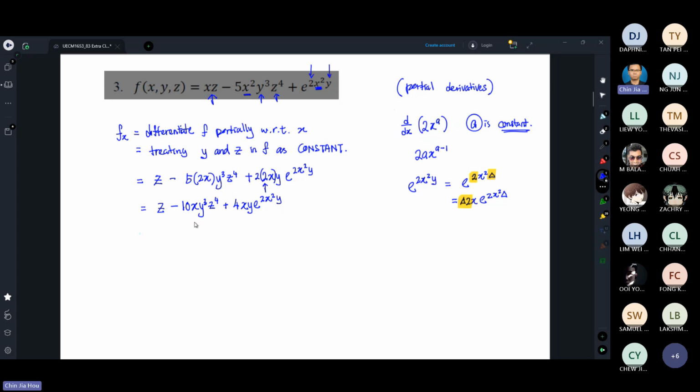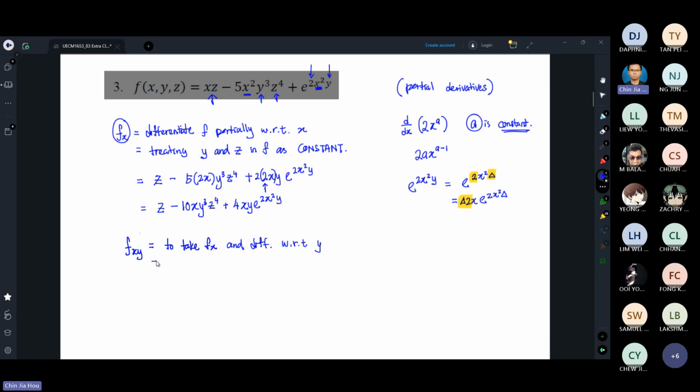Now, if I want to differentiate it with respect to, say, y, I want fxy. Essentially, this is to take fx, which we got earlier, and differentiate with respect to y.